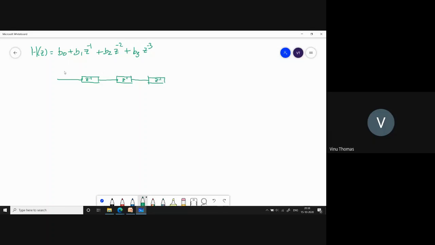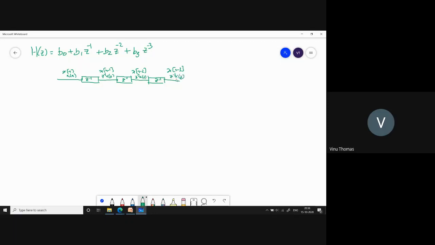So if I have x of n, this would be x of n minus 1, n minus 2, and x of n minus 3. In the z domain, this is X of z, this is z raised to minus 1 X of z, this is z raised to minus 2 X of z, and finally this is z raised to minus 3 X of z.